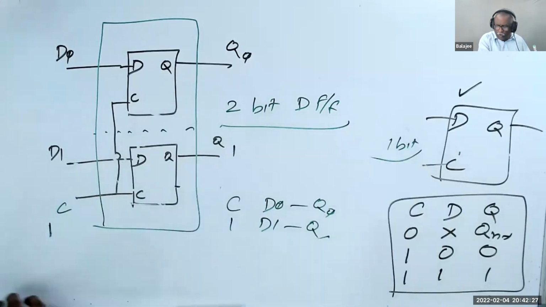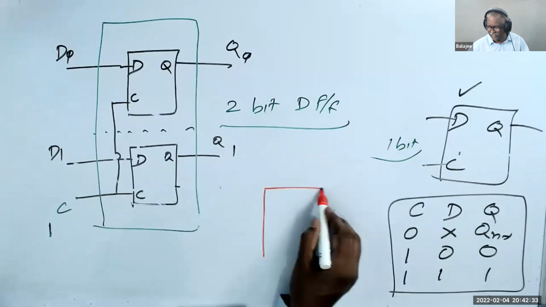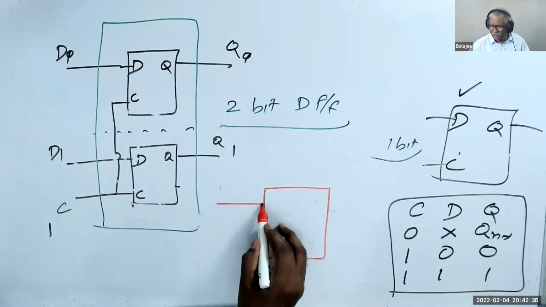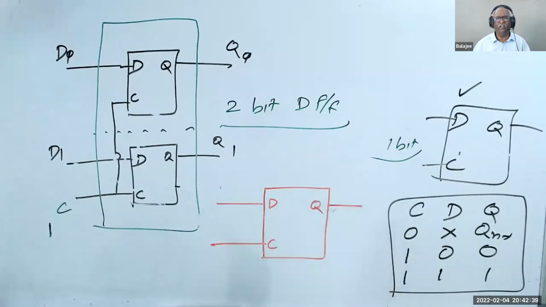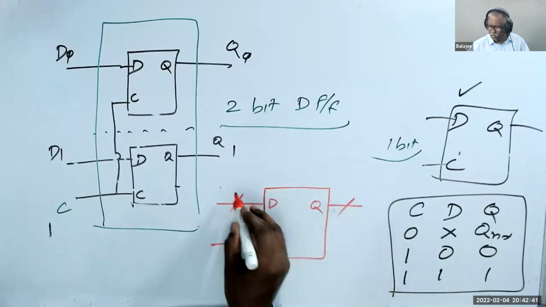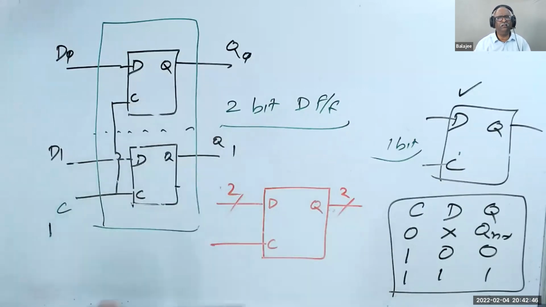Understand? How do I draw this? Very simple. The moment you understand the secret, you understand. We put D here, C here, Q here, and we put a slash 2. That means the 2 are inside. Nothing else.